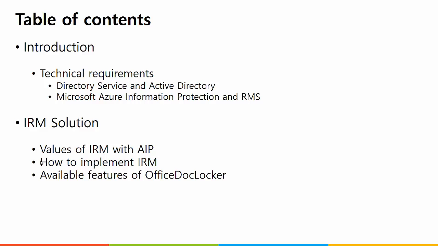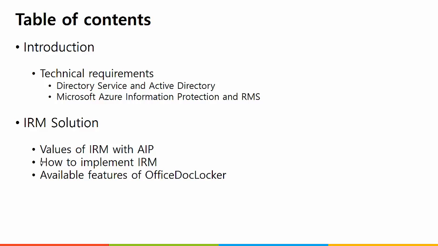So let me start with the agenda of this material. In the first section, I'm going to introduce some required technologies, the background of security tools based on Windows servers, which is using Active Directory. Then I'm going to introduce the IRM solution, with the values of using it for your customers or for your company.